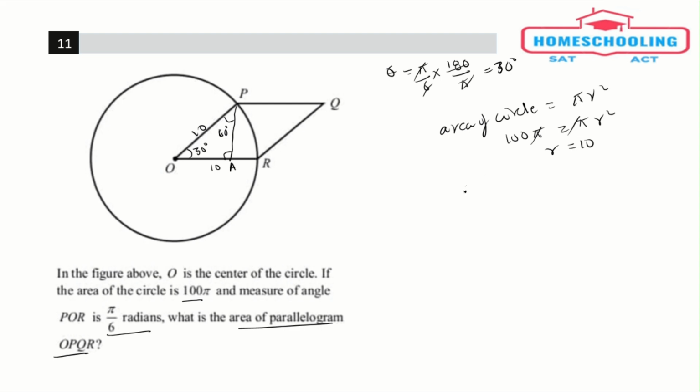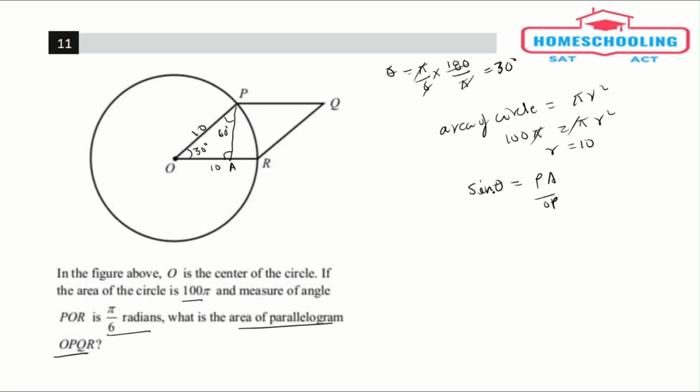For that we are going to use a trigonometric function: sine theta is equal to height by hypotenuse. So PA by OP.